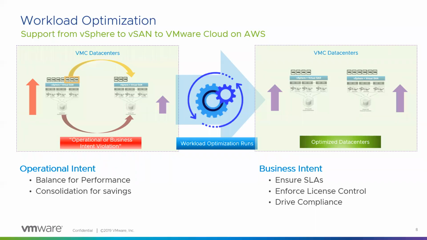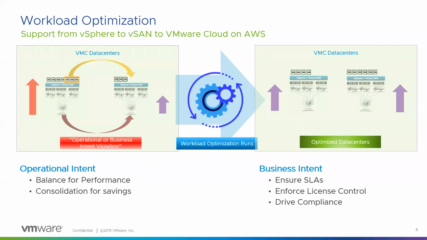That's basically, how do I want to manage the resources that are in my virtual data center, my SDDC? Do I want to consolidate things? Do I want to balance? Do I want to have an even amount of resource utilization between clusters, kind of peanut butter spread across all of them? Or do I want to cram as many VMs into as few hosts as possible? So that's your operational intent.